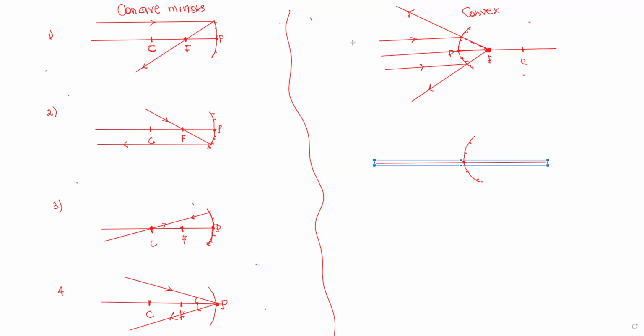Okay, "from" is very important. So you see these two reflected rays, they all appear to be diverted from a point on the principal axis, which becomes the principal focus.